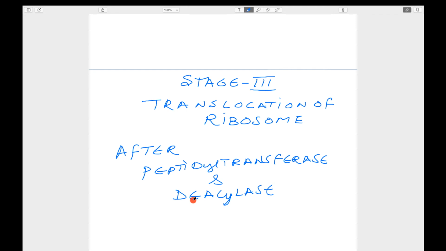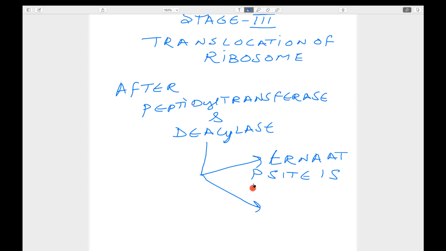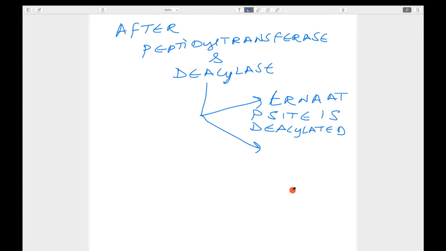Through the cumulative action of these enzymes, I can explain in two ways. As I already said, the transfer RNA at the P site is deacylated. Deacylated means transfer RNA without amino acid. That is one aspect.